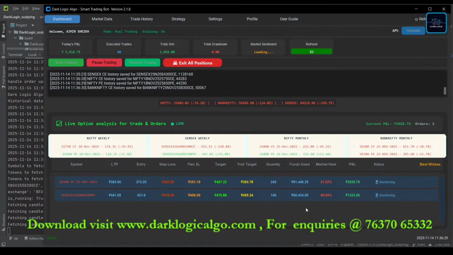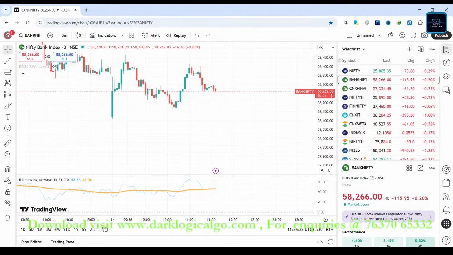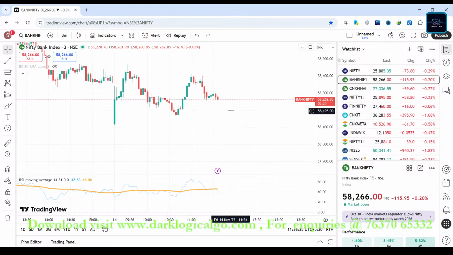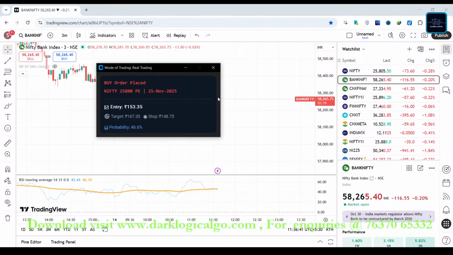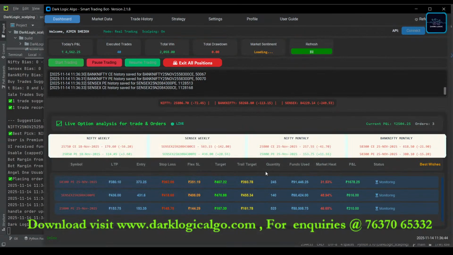Whenever you think the market will not follow the trend, it also got a new position for Nifty. So you can see we got another position for Nifty. One entry was 153.